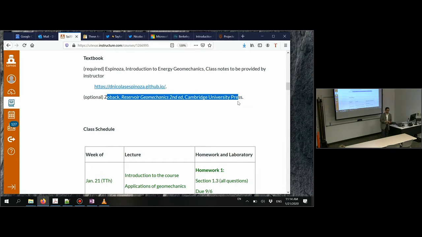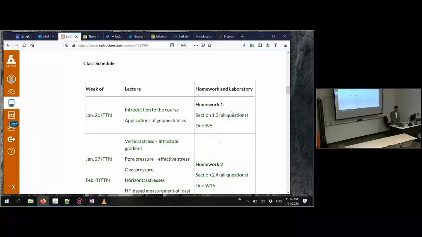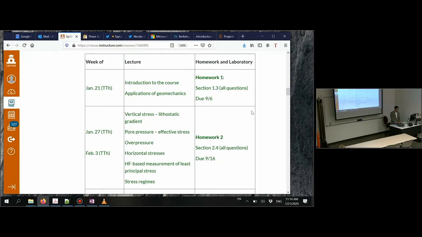A lot of the material that I cover here is covered in depth in this book as well. It's a very good book to have in your library, and it's not too expensive either. And if you Google enough, you might find it in a digital version. It's a very good read.